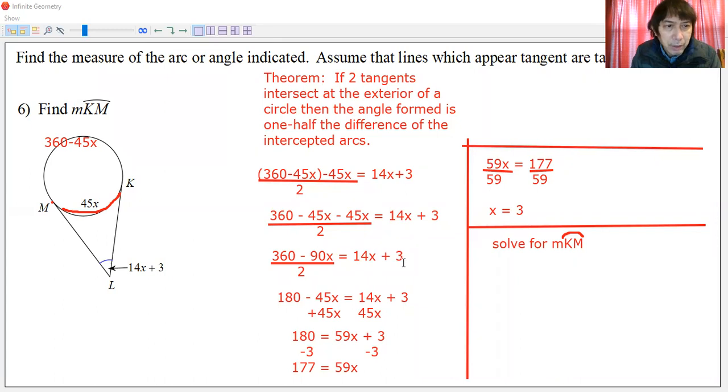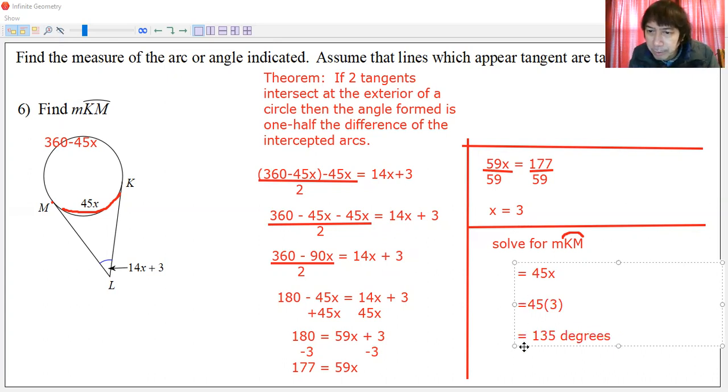Now the arc KM is equivalent to 45x. Okay, so this is equal to 45x, and this is equal to 45 times 3, which is equivalent to 135 degrees.